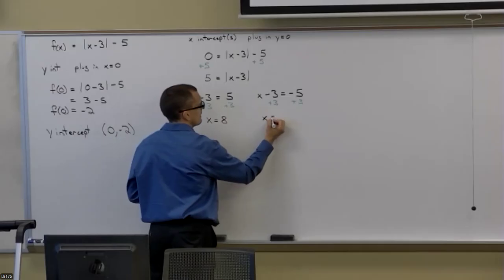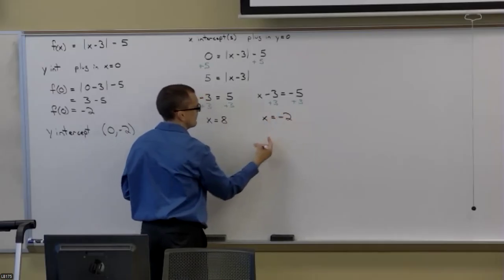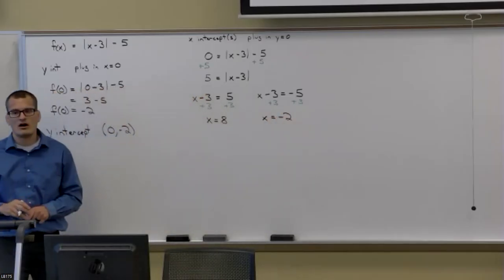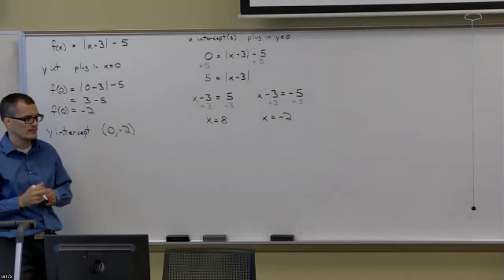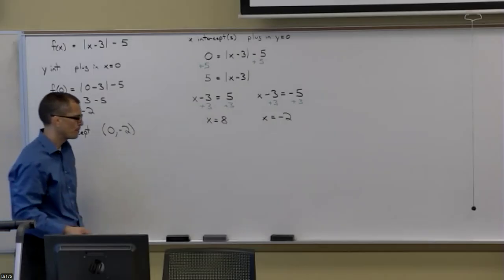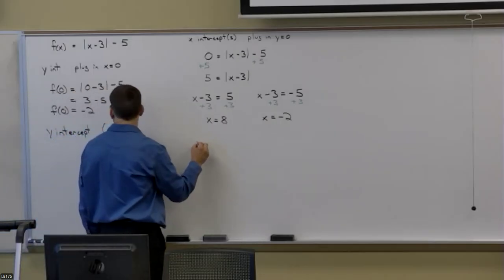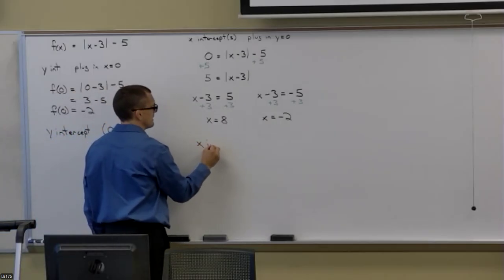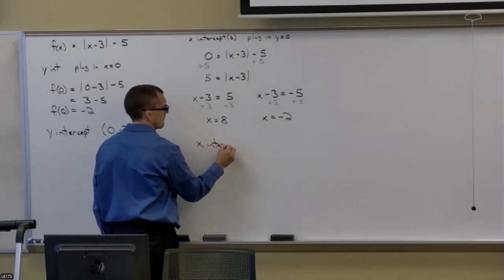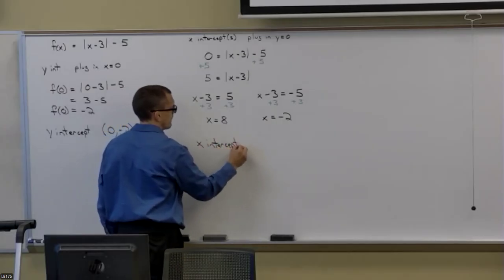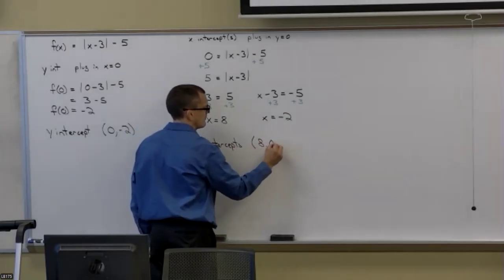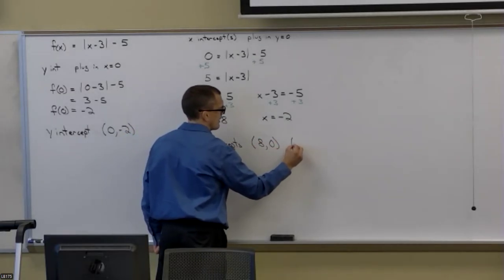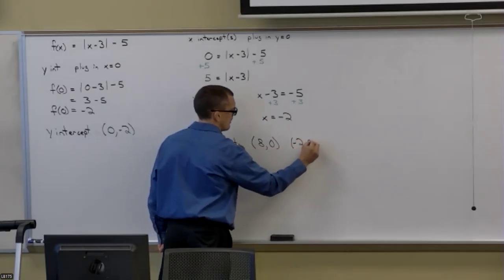The other is x equals negative 2. Now, those 2 numbers are the zeros of that function. If it asks for x-intercepts, you're just writing 8, 0, and negative 2, 0.